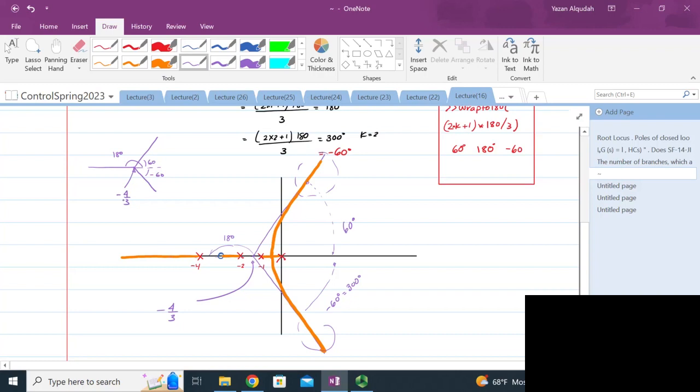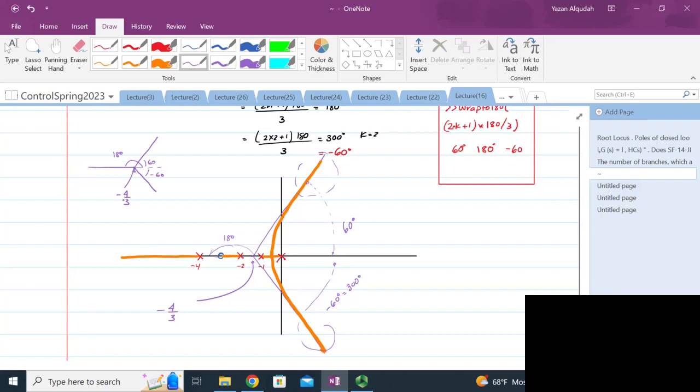Make sense? So I can take this template that I just plotted, put it on top, and say, okay, this is my guideline for where the root locus is going to be. It's not the root locus. If I look here, the root locus did not start from this point. So this is just a guide of where this branch is going to go.